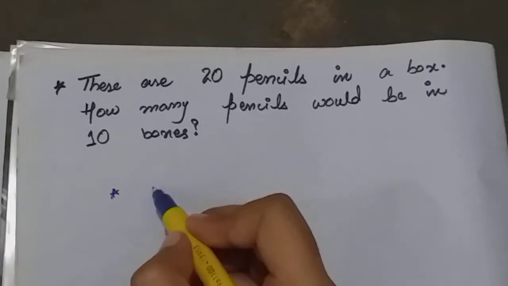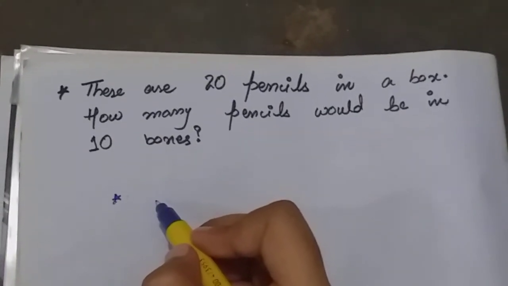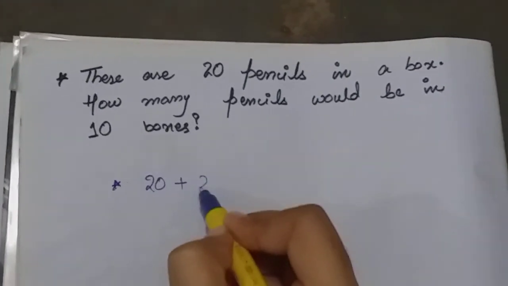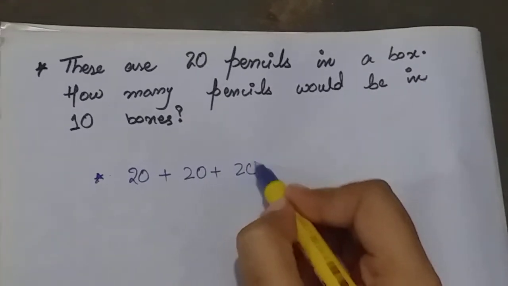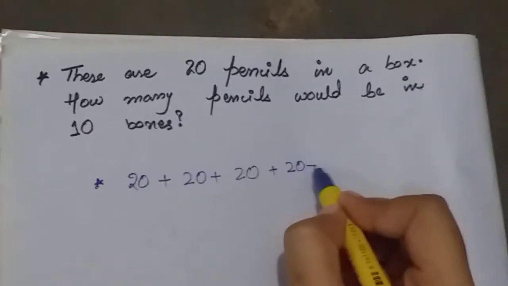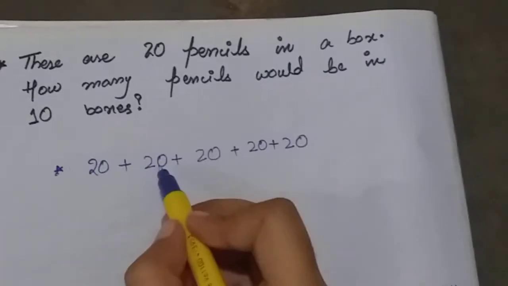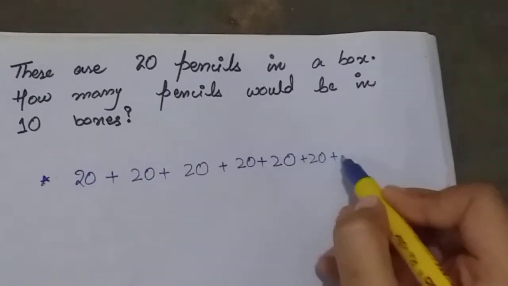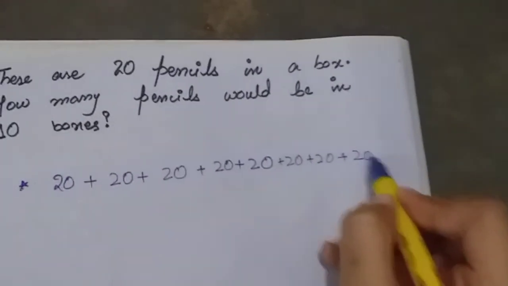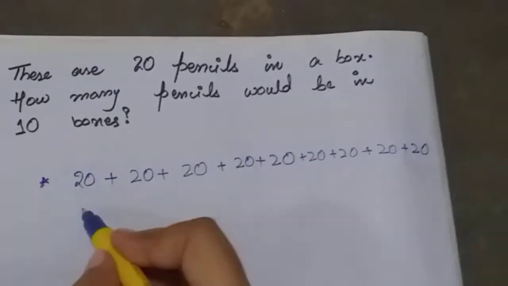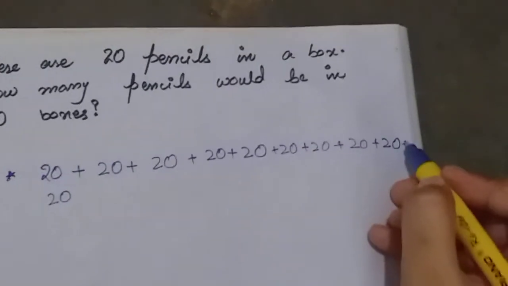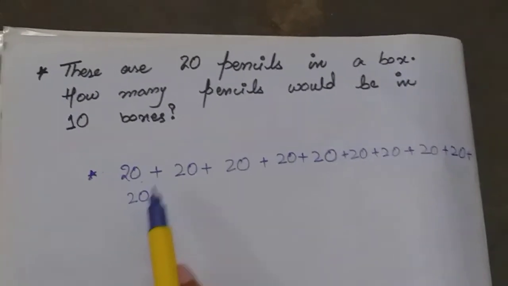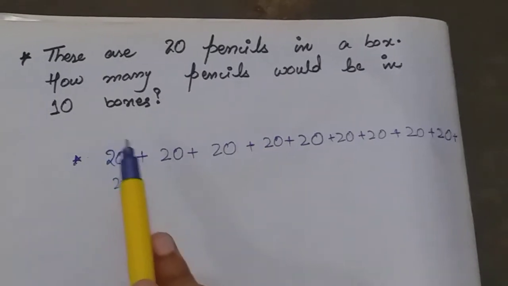Either, as we have 10 boxes and in our box we have 20 pencils, we can add 20 10 times like this. Box 1, box 2, box 3, box 4, box 5, box 6, box 7, box 8, box 9 and box 10. We can add 20 10 times to find the total pencils in 10 boxes.